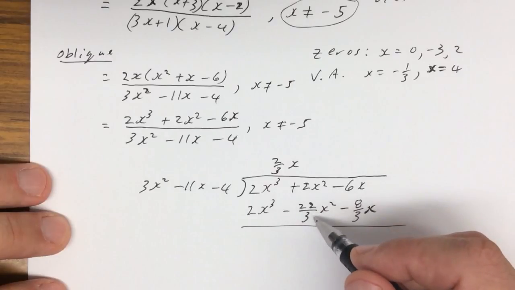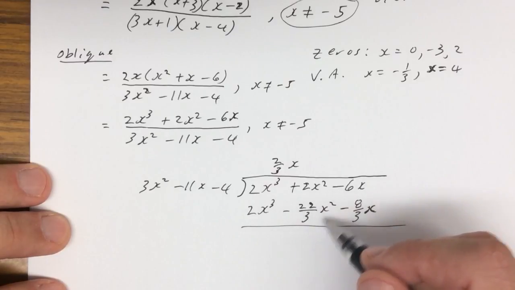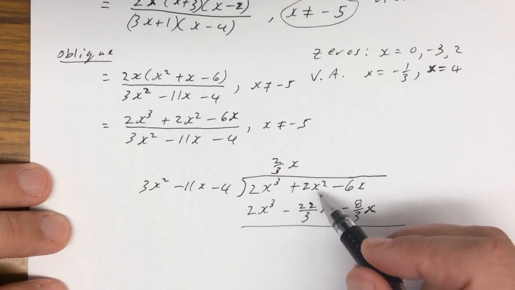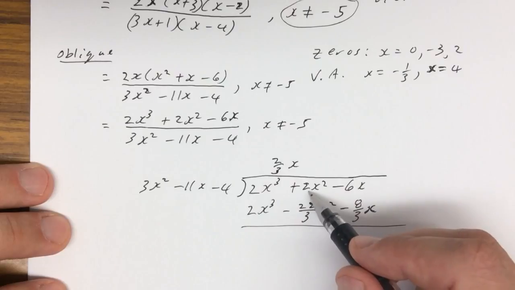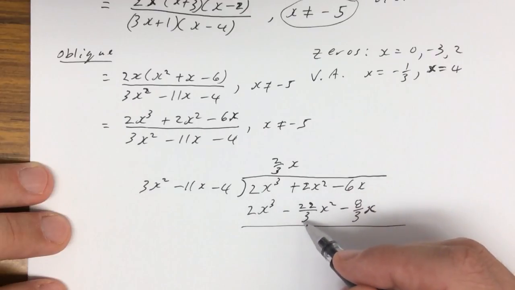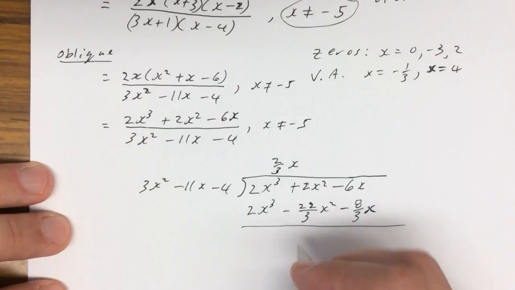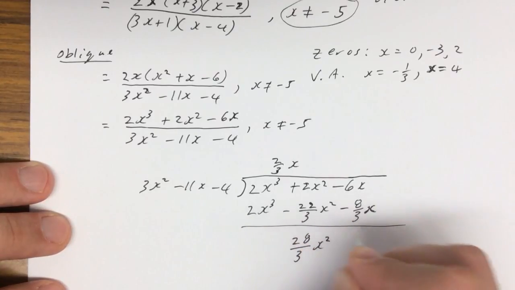2x squared minus negative 22 over 3x squared. Let's change the 2x squared to something over 3. That's going to be 6/3 x squared. So 6 over 3 minus negative 22 over 3 is going to be plus, so it's going to be 28 over 3 x squared.